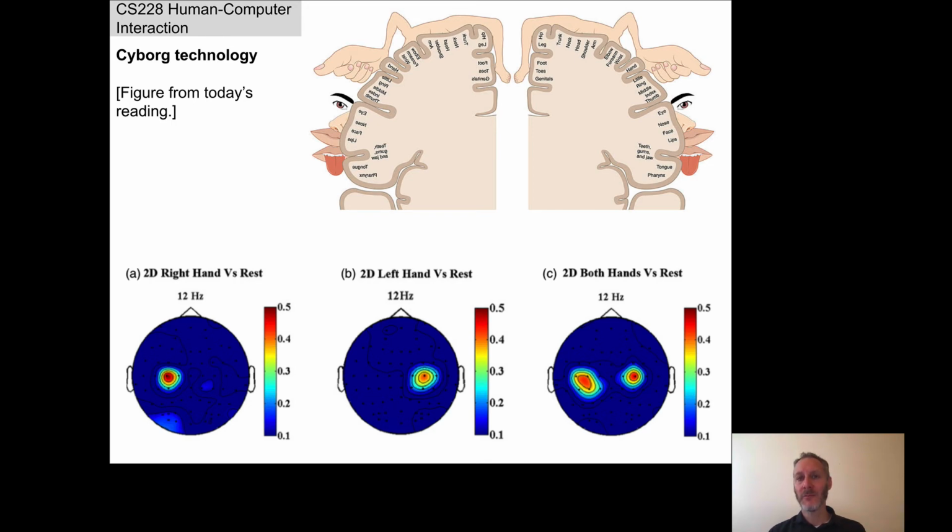Which parts of the motor strip do you think light up in that case? You're sitting quietly. You're not actually manipulating your computer to move your cursor from the bottom of your screen to the top of your screen. But if you're sitting there imagining that, which parts of the motor homunculus do you imagine are lit up in that case?